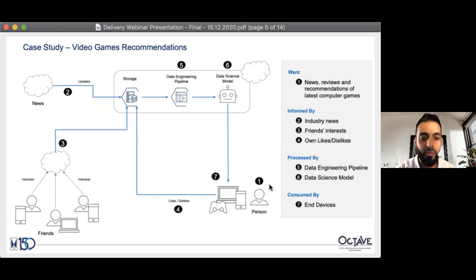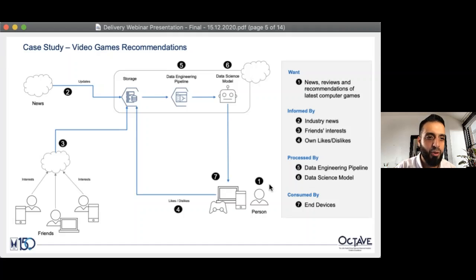If I look simply at data sources that we could possibly use, there's industry news, and that would get fed somewhere. There's our network of friends. What are they interested in? I'm obviously interested in what Dominda's interested in. He's probably interested in what I'm interested in. But then we also have our own likes and dislikes. What particular quirks or gaming types do we actually individually like?